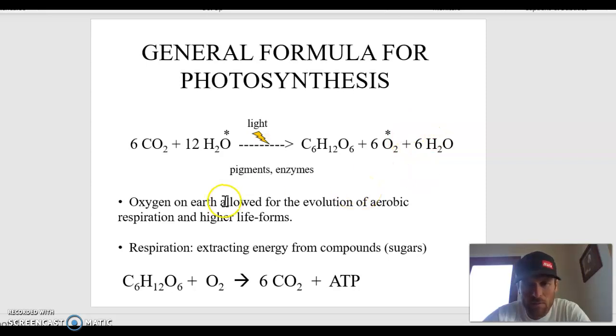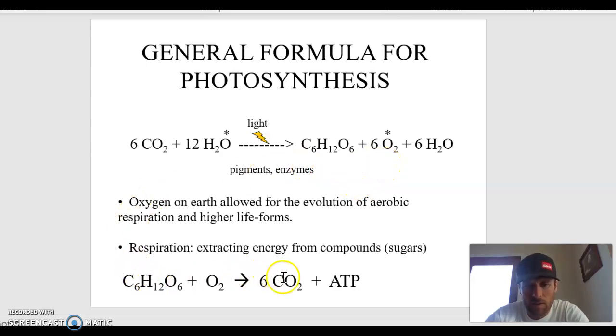And so you're going to have to memorize this equation since it's the most important equation on planet Earth. And we already know this molecule, glucose and water and carbon dioxide, so it's just a matter of putting that together. You don't have to memorize the coefficients here for the balanced chemical equation, but definitely know the reactants are carbon dioxide, water. The products are glucose and oxygen.